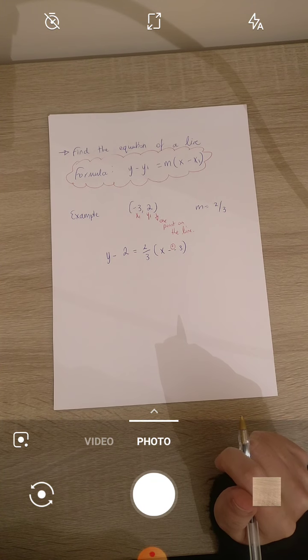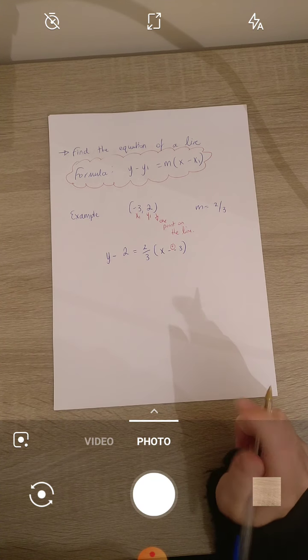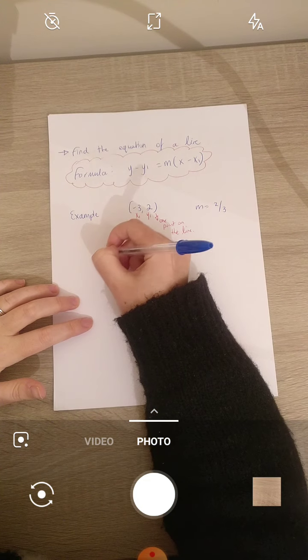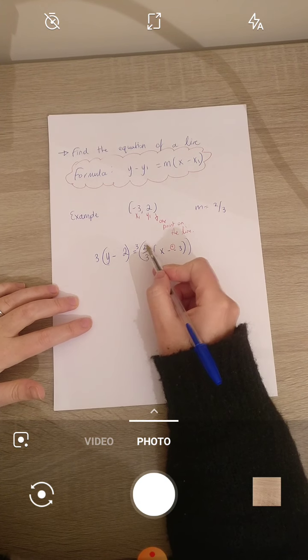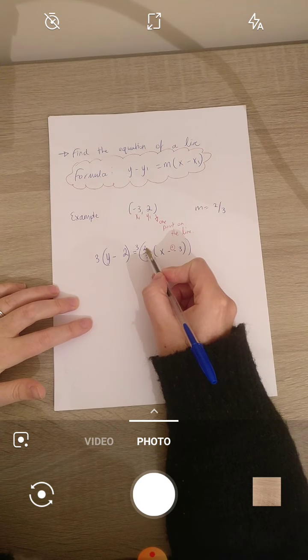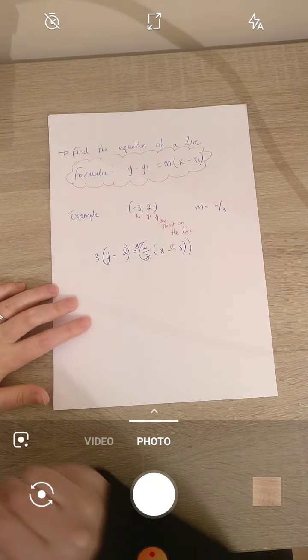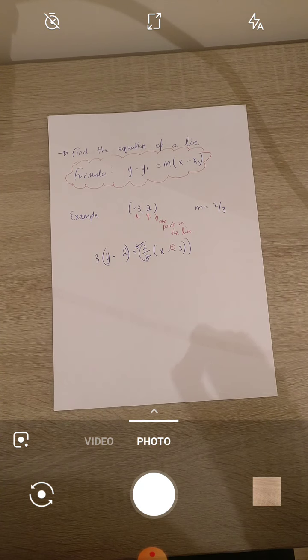Now, we need to multiply everything by 3 in order to eliminate the fraction, okay, because 3 over 3 is 1. So if I multiply this side by 3 and this side by 3, 3 times 2 is 6. And 6 divided by 3 is 2. So what ends up happening on the right hand side is the 3 over 3 just cancels and becomes a 2.